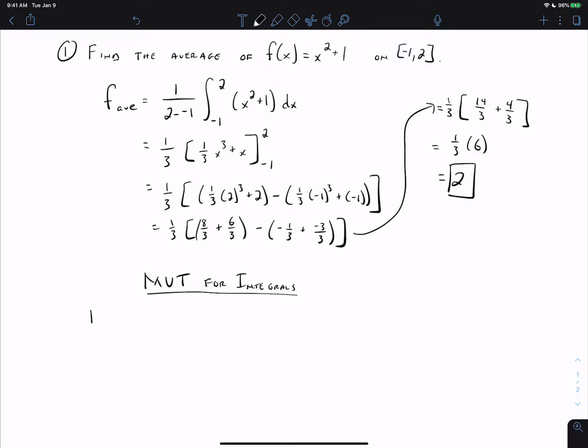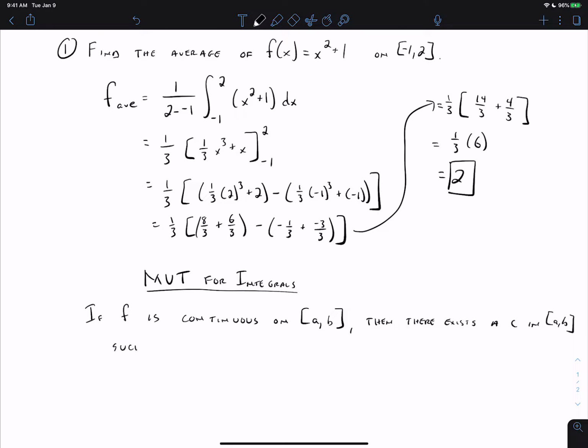So it says that if f is continuous on [a, b], then there exists a c in [a, b] such that f of c equals f average.